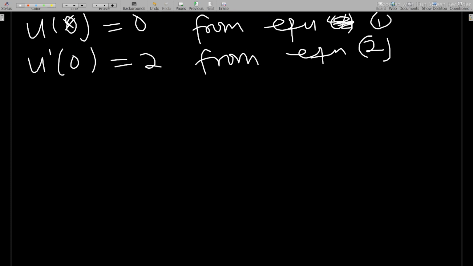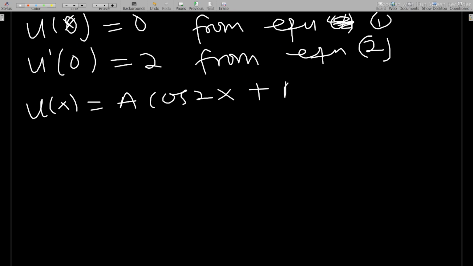Okay? So now we have u of x being equal to a times cos 2x plus b times sine of 2x. Actually, the a and b, you can interchange them. The a can go for the sine or whatever way you want to put it. It's just a constant. And so with this, from equation 1, u of 0 equals 0.